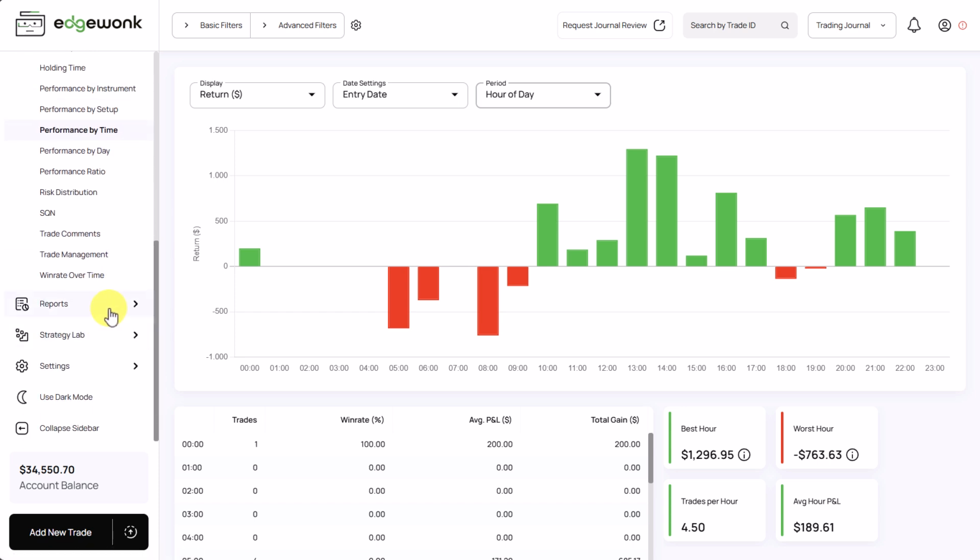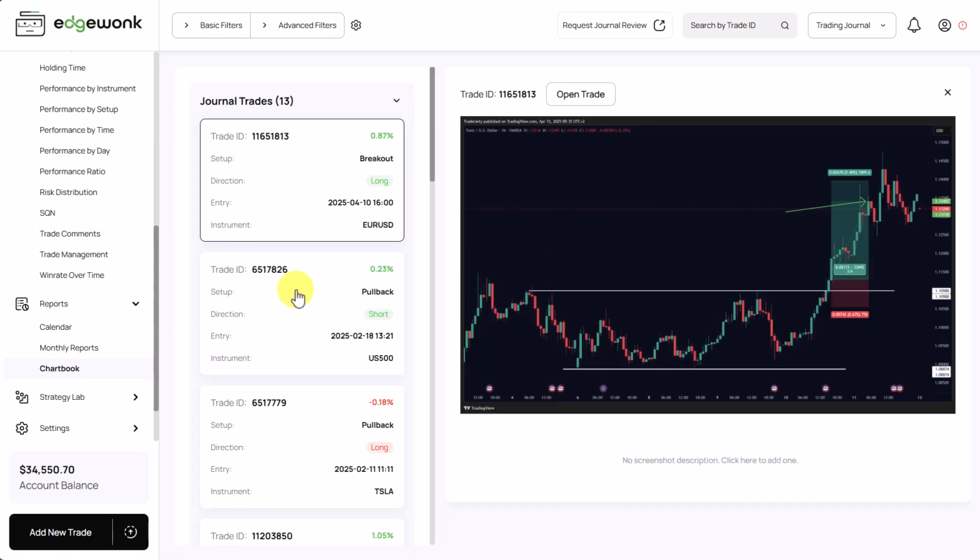We can of course also then go through our reports and look at the chart book. And here we are seeing all of the screenshots that we have attached to our trades. We can go through them, we can analyze them, and having screenshots in your trades is really helpful, especially for later parts when you're trying to analyze common patterns among your trades. You want to look for different take profit strategies.